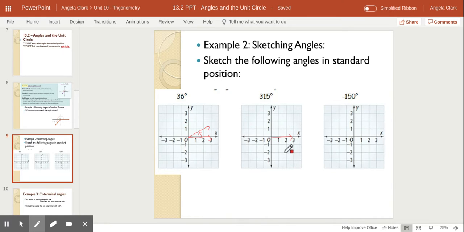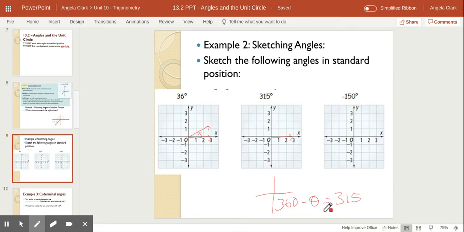So in quadrant 4, if you look back at the last video, to find the reference angle, I should say in quadrant 4, we have 360 minus the reference angle gives us our actual angle, which is 315.